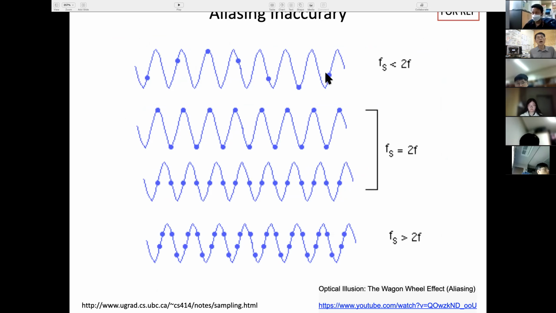Now let's see if you're sampling exactly twice the frequency of the signal, and there could be different cases arising. If you're sampling at twice the frequency, what that means is in one period of the signal, you are collecting 2 points, okay?